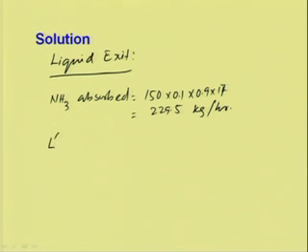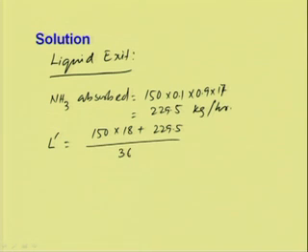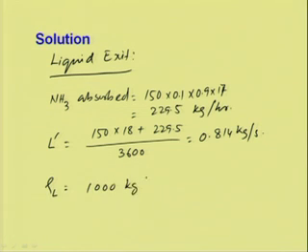And L' is (150 × 18 + 229.5) divided by 3600, which is equal to 0.814 kg per second, and the density of the liquid is given as 1000 kg per meter cube at 298 Kelvin.